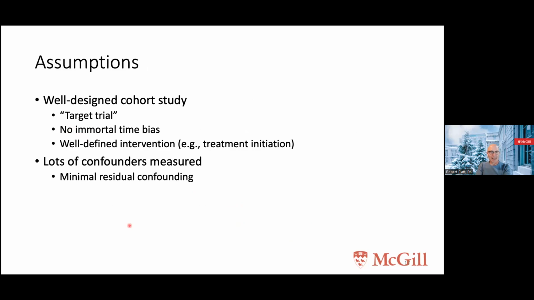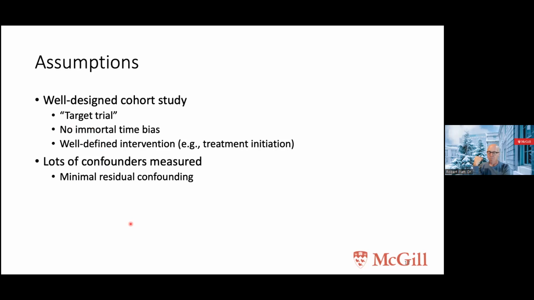So as I said, I'm kind of going to assume that I'm in good shape regarding study design. I have a well-designed cohort study, and I say here it may be helpful to think of this in the target trial framework. I have no immortal time bias, and I have a well-defined intervention, for example, treatment initiation.